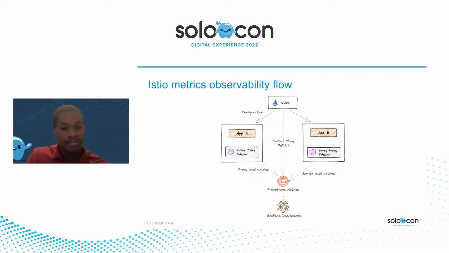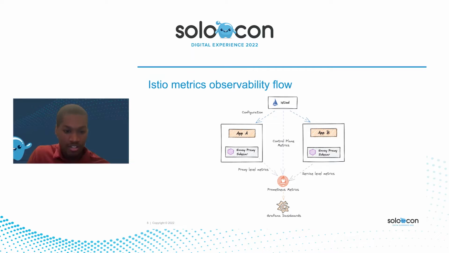And there are three different types of metrics that will be collected essentially. The first type is a control plane metric. Those metrics all deal with how Istiod is performing. That can include the number of known services and the number of failed injections. There are also proxy level metrics.